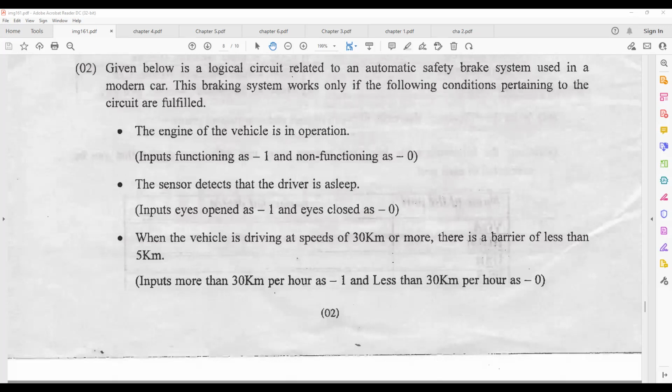Question number 2 gives us a logical circuit related to an automatic safety brake system used in a modern car. This braking system works only if the following conditions pertaining to the circuit are fulfilled. The engine of the vehicle is in operation, so input is 1, non-functioning is 0. A sensor detects that the driver is asleep: eyes open is 1, eyes closed is 0. The vehicle driving speed is 30 km or more.